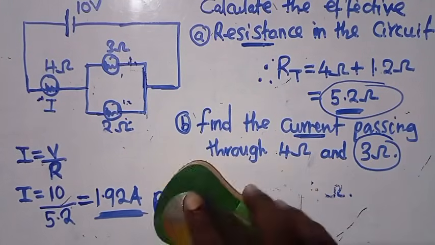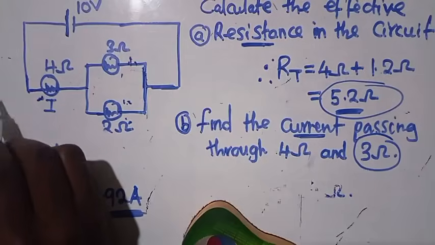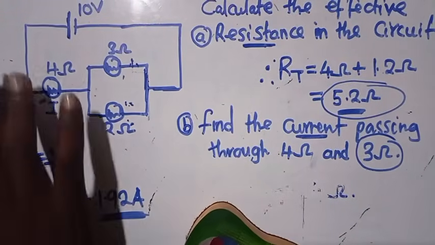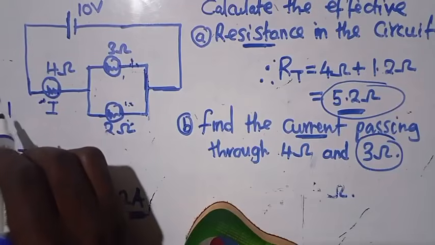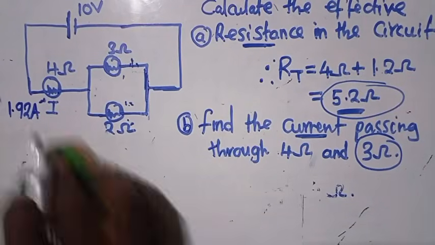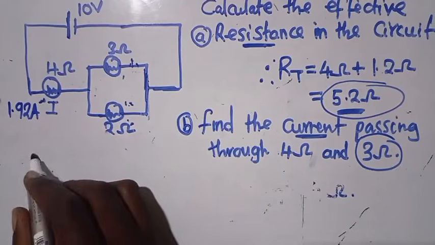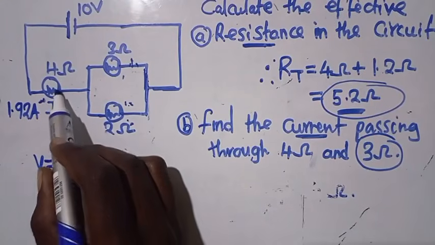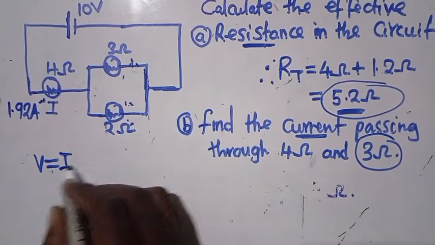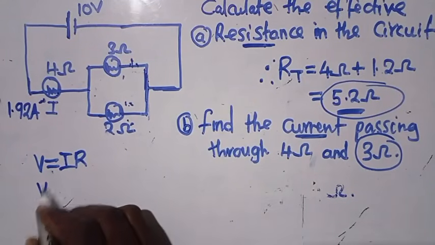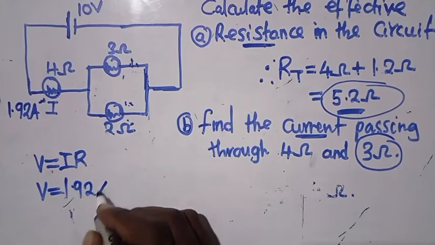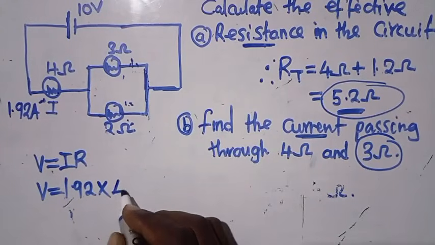This is the total current, 1.92 amps. So now voltage is equal to current times resistance, where voltage is equal to current, 1.92, times resistance, which is 4.